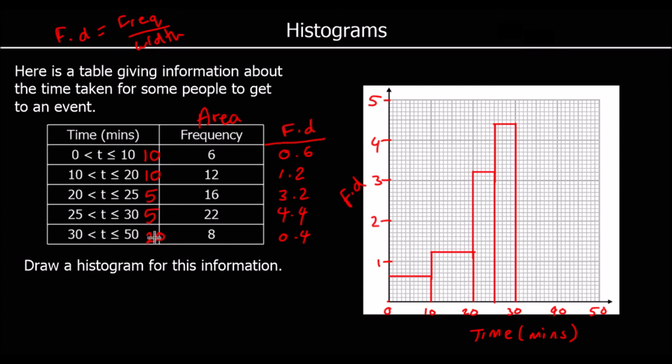And 30 to 50 goes up 0.4. And that is our histogram.